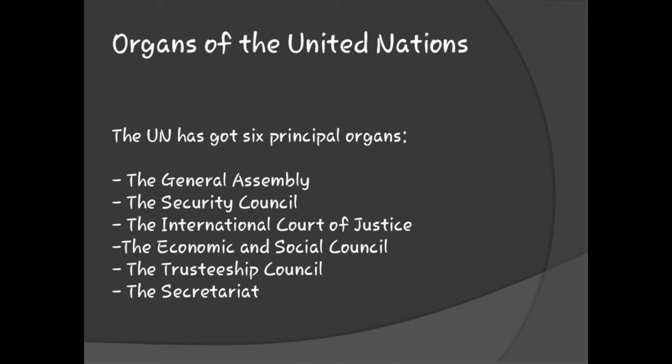So there were 6 different organs majorly formed for the functioning of the entire organization, out of which, according to your syllabus, we will be studying 3 main organs in detail. The 6 organs are the General Assembly, Security Council, the International Court of Justice, Economic and Social Council, Trusteeship Council, and the Secretariat. And we are going to learn in detail about the composition and functions of the first 3 organs.